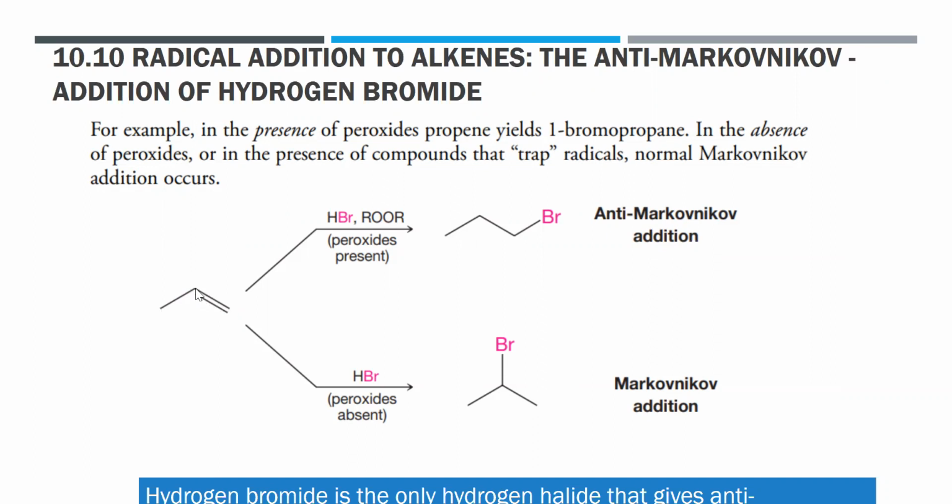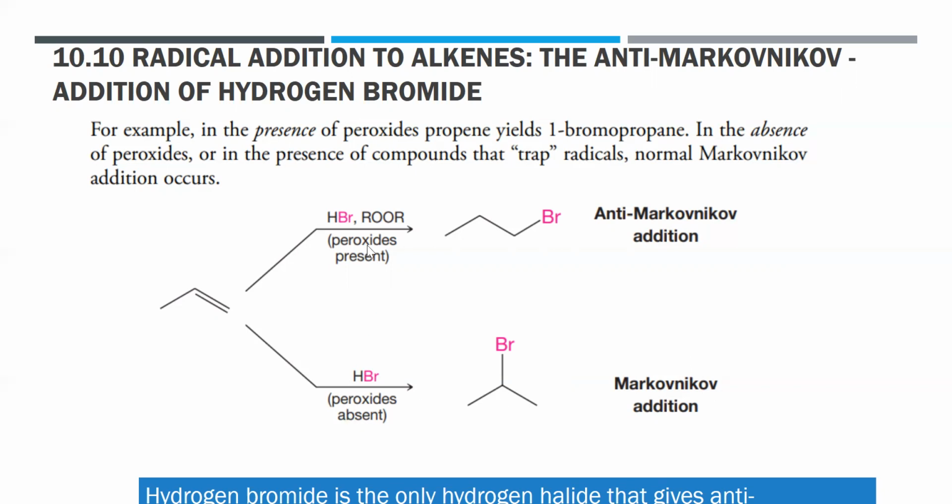From the Markovnikov addition, the carbon containing a higher number of hydrogens will have the hydrogen from your HBr added, and the other carbon will carry the halogen. So that is Markovnikov's rule.